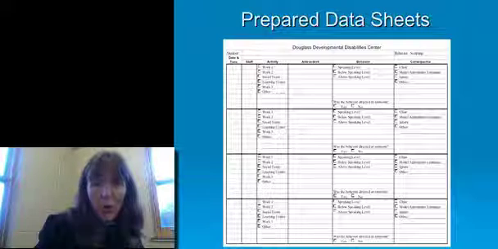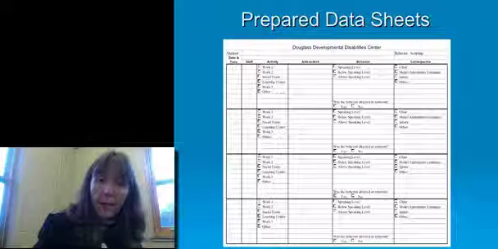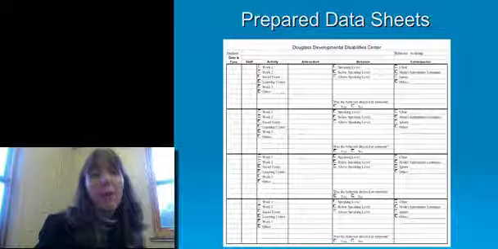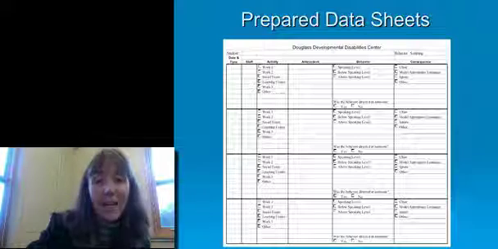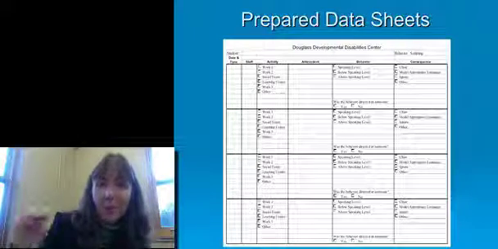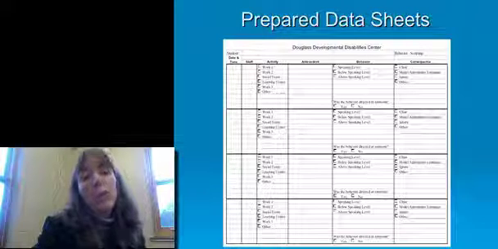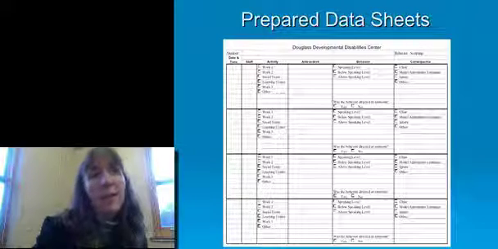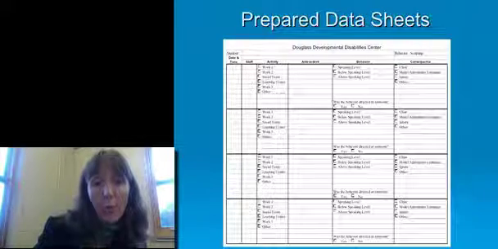Were they sent to a chair, which was a strategy that was being used for that learner? Was appropriate language modeled? Were they ignored, etc.? So sometimes you have a particular behavior you're zeroing in on, and you're just trying to track very specifically little aspects of it. So you could have a modified ABC data sheet that's prepared to make it easy for staff to zero in on those few variables.